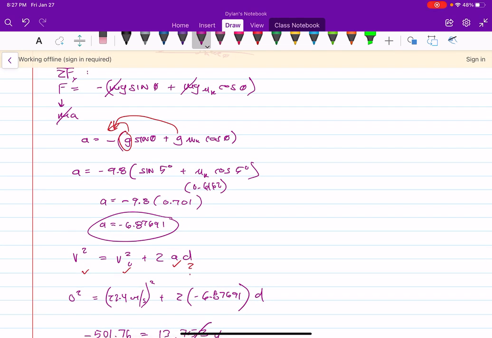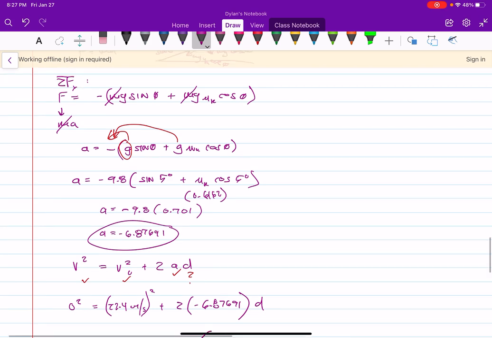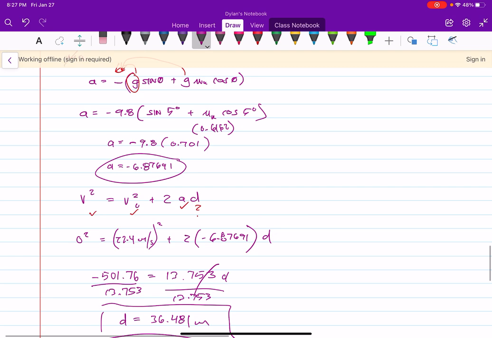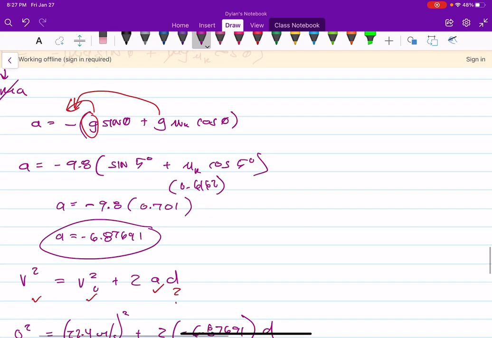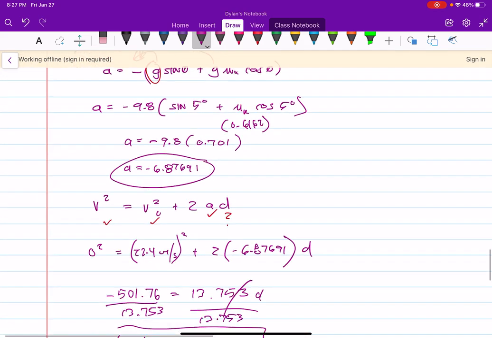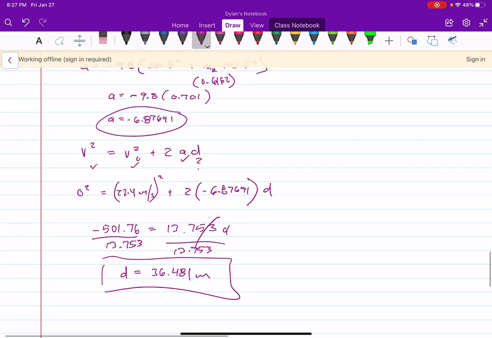The masses cancel, and I can pull gravity out, solve for everything inside, plug in my coefficient of static friction I found earlier, and solve for the acceleration. From there, I use my original kinematic equation that I had. The only thing we are looking for is the distance it takes for the car to stop. Solve for d, distance, and that is it.